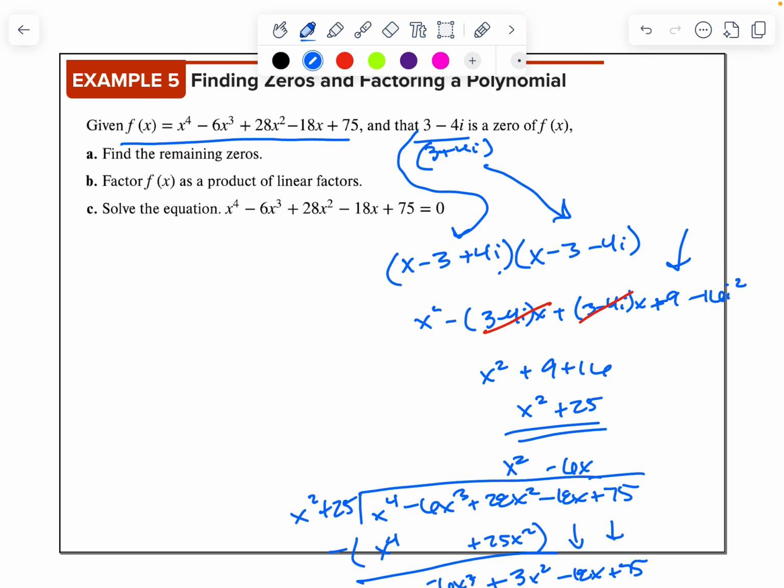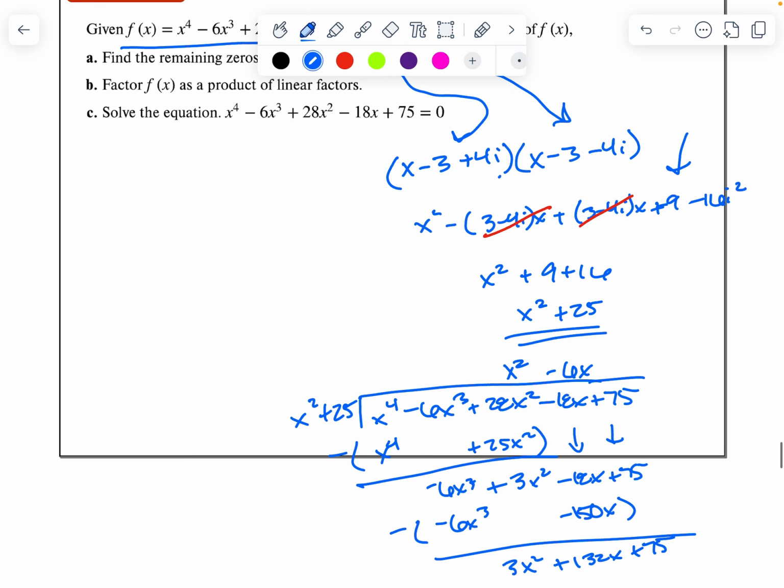That'd be plus 25. Oh, good grief, what did I do? All right, well, let's try it with synthetic division and see what happens.